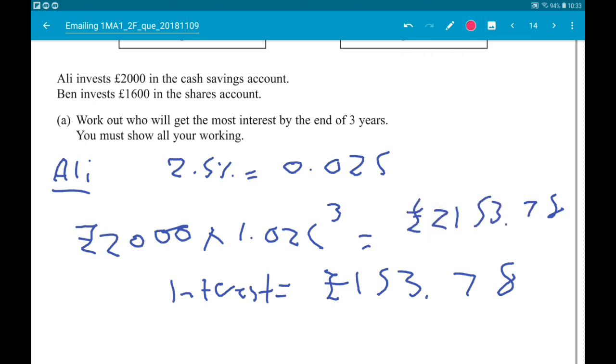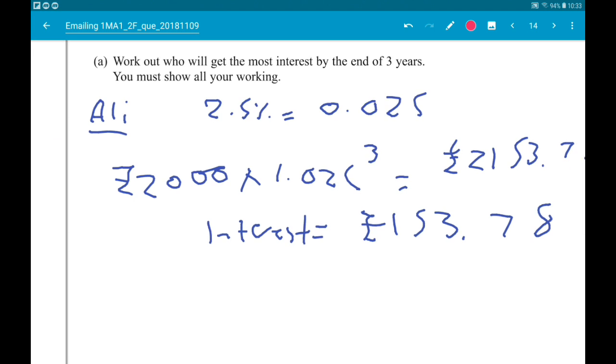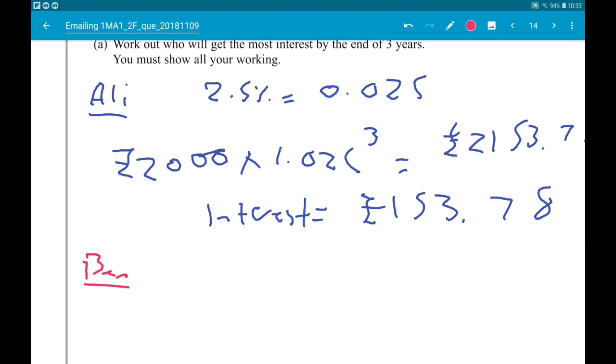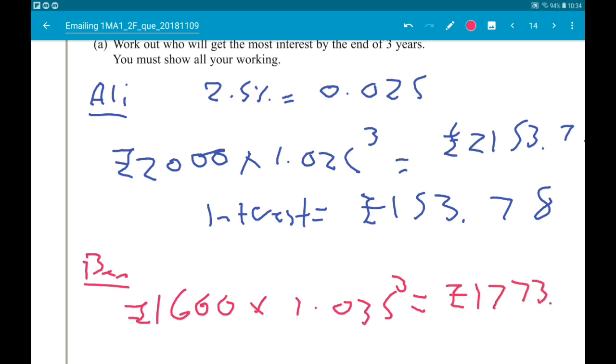Okay, now for Ben, 3.5% is 0.035. So for Ben, we do 1,600 times 1.035 to the power of 3, and that gives us £1,773 and 95p.